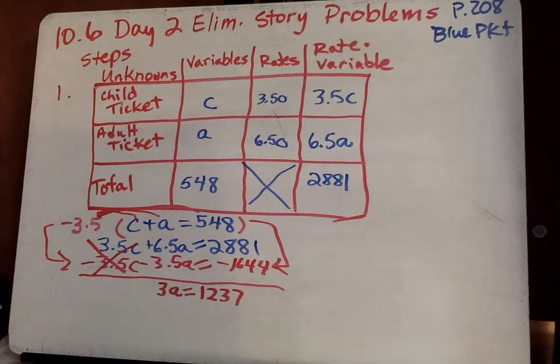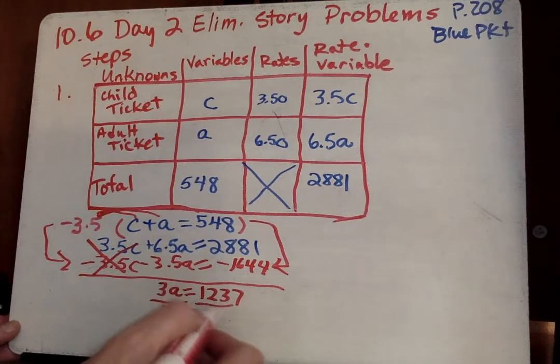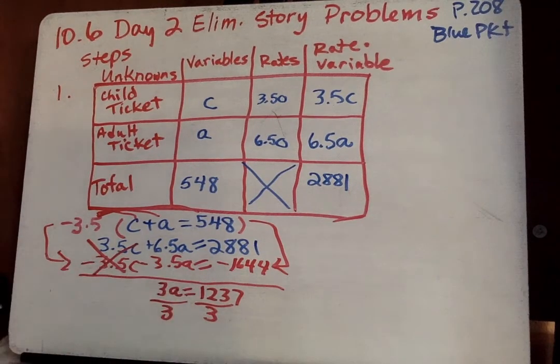Okay, so you can't sell just a partial ticket, so I'm not sure what to think at this point. If I divide by 3, I must have done something wrong somewhere. Let's see. 1237 divided by 3. Trying to figure out what I did wrong.